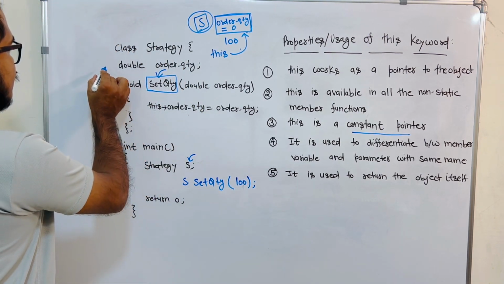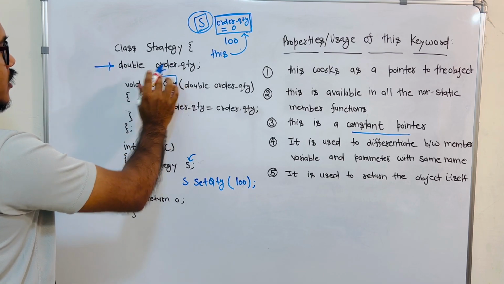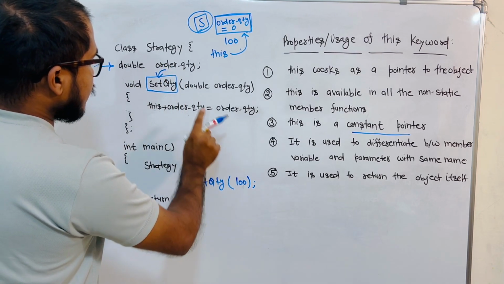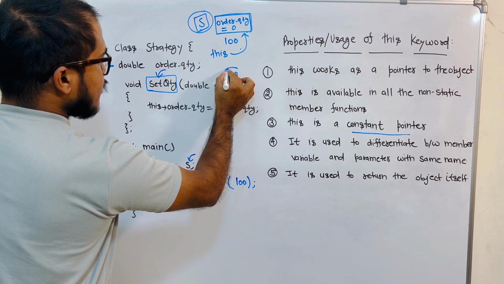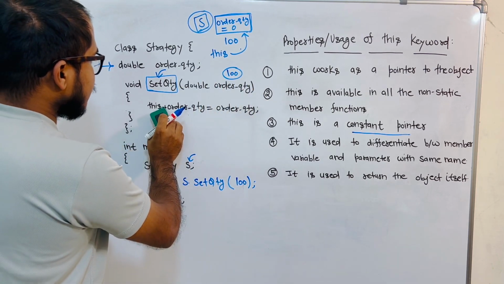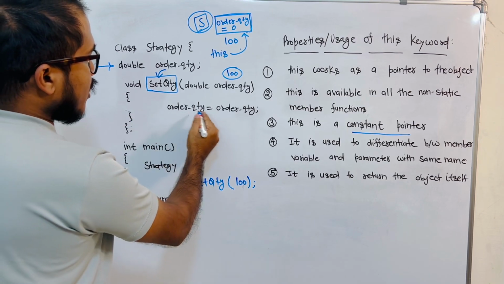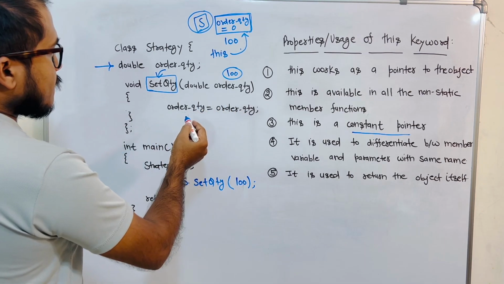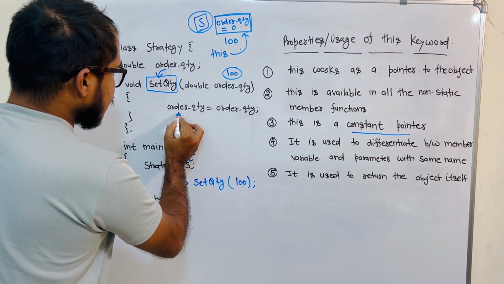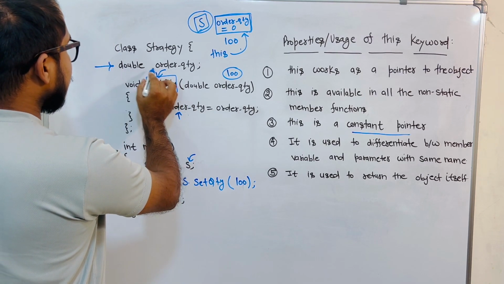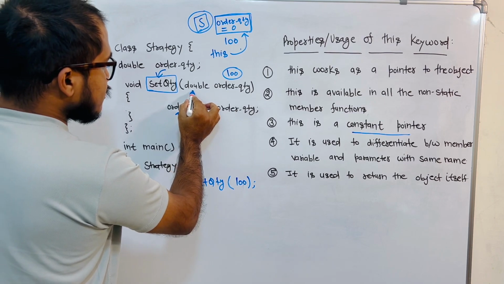So this is my member variable order quantity, and I am capturing this particular value 100 in this order quantity variable. And if I simply do order quantity equal to order quantity, the compiler will get confused whether this particular variable is the member variable or this local variable.